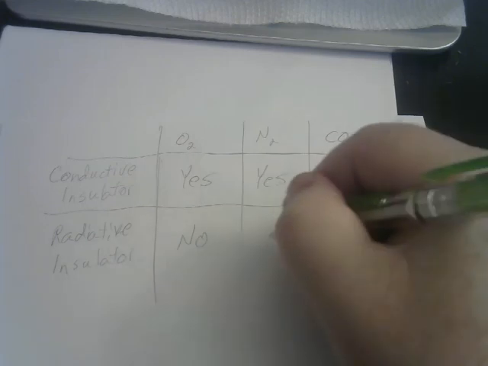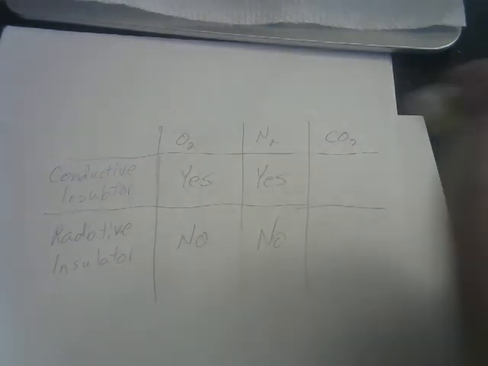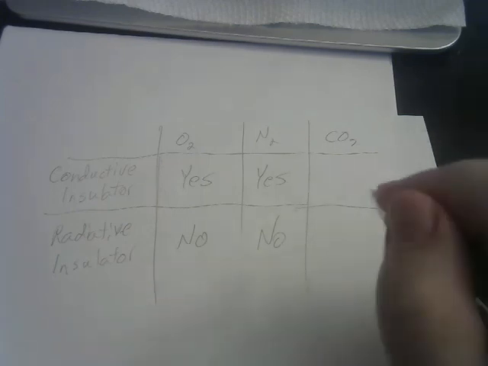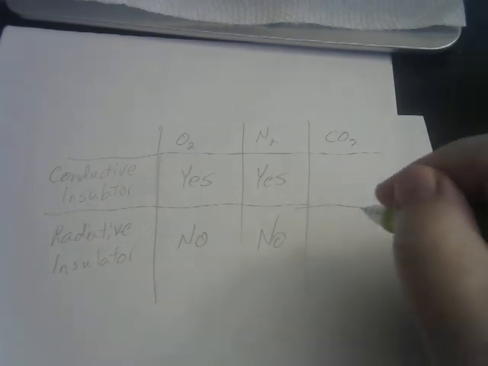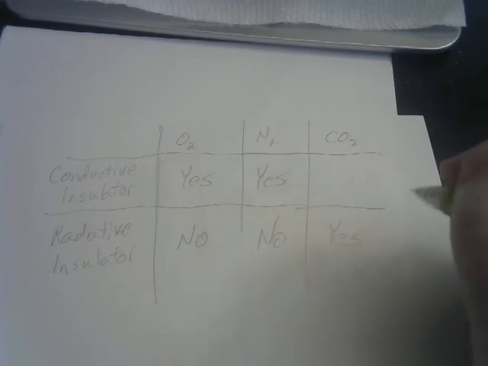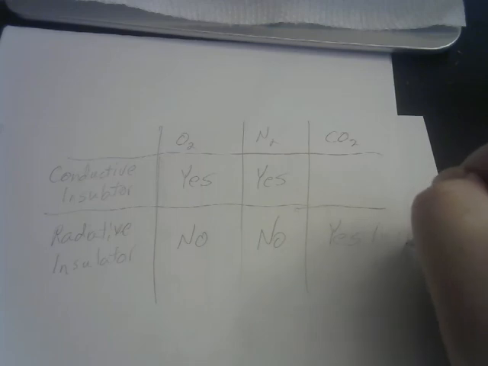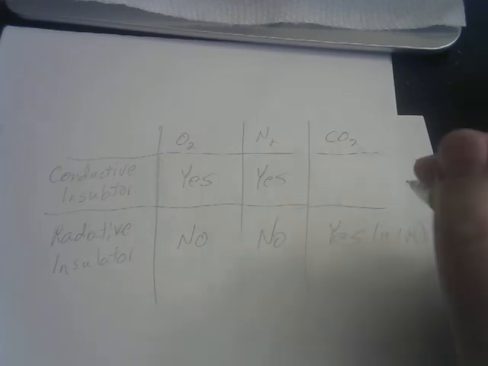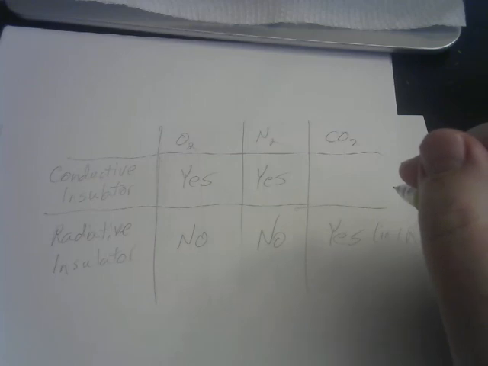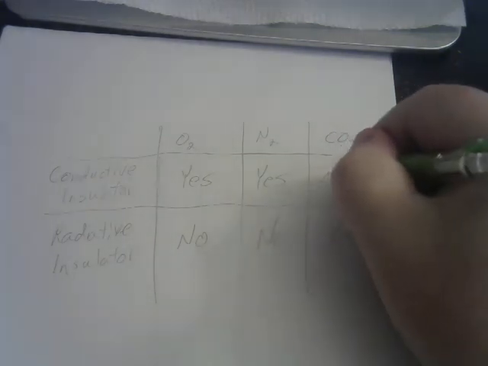No. So I would say that as far as radiative insulator goes, they are definitely not radiative insulators. Carbon dioxide, yes. Yes, it is a radiative insulator in the infrared. Conductive insulator, I really don't know. It's such a maybe. I'll call it maybe.